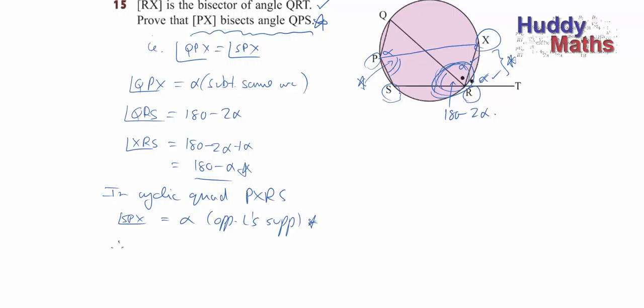Therefore we have done it. Angle QPX equals angle SPX equals alpha, and therefore PX bisects QPS as required.